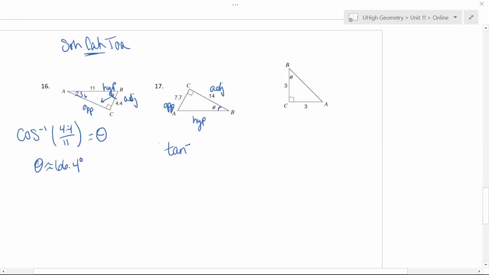So I'm wanting the inverse tangent since I'm solving for an angle of opposite over adjacent. That's going to equal my theta. So the inverse tangent of 7.7 over 14 equals theta. So theta is approximately 28.8 degrees. And again, I can use Pythagorean theorem, and I could do 180 minus 90 minus 28.8 to solve for the other two missing pieces.